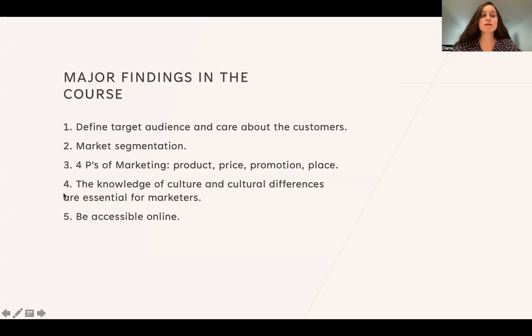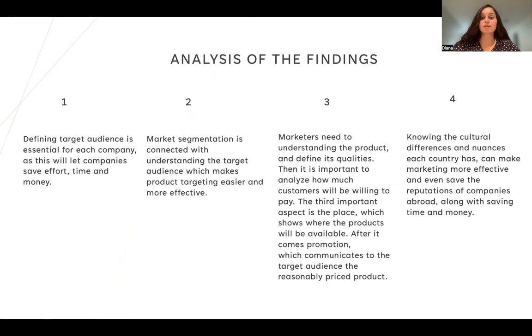Now the third point, it is the 4 P's of marketing, that is product, price, promotion, and place. First off, marketers need to understand the product and then define its qualities. Because when we understand the product, we also understand how much it will cost, how to price it.